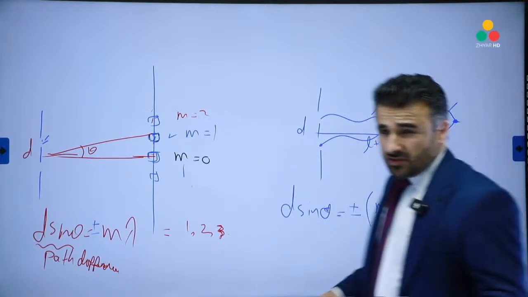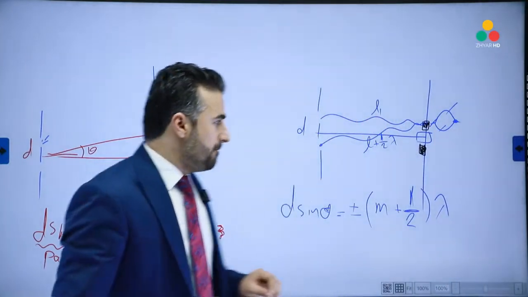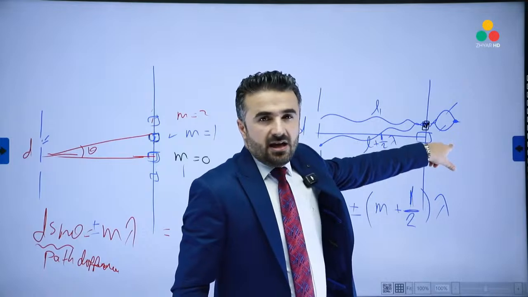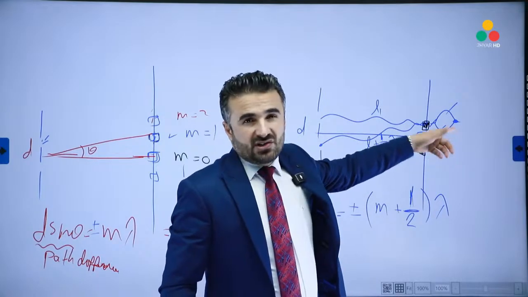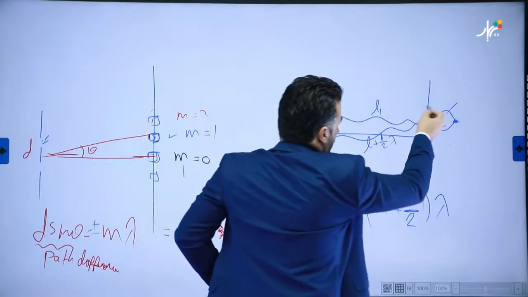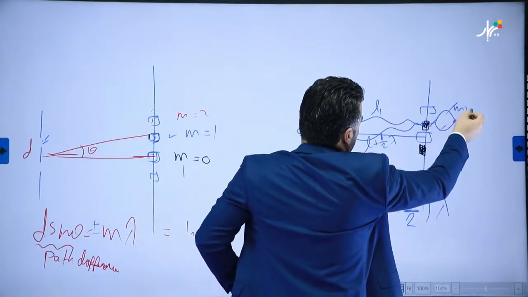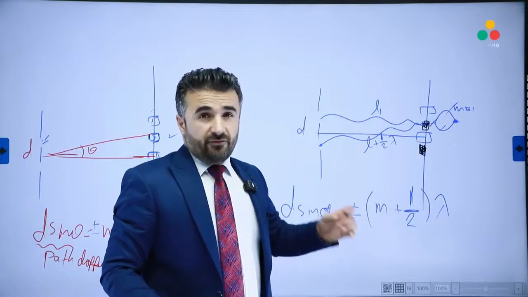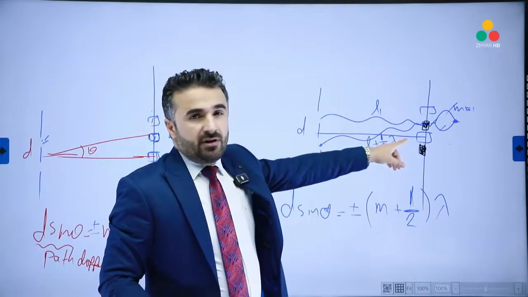Take a look, but let me tell you something very important here. Normally we said this is m0 for the central bright one, correct? And the bright one next to that, we call it m1, correct? But what about for the dark one? What is the first dark fringe that we will get?